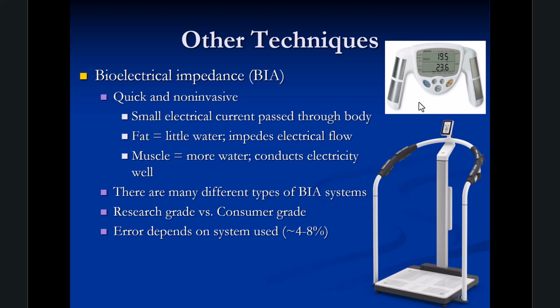This is called a Sika at the bottom. It works out bioelectrical impedance as well, but it's considered a research grade device, so it's a little bit more accurate on average than the handheld ones. But the error depends on which system you use. If you use a good system like the Sika, probably on the better end, maybe around 4% error. Handheld can be anywhere up to about 8%. So you're starting to get a little bit off sometimes using those.